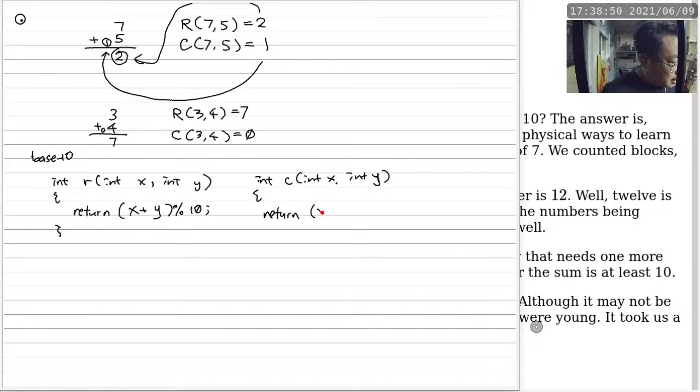So if x plus y is greater than or equal to 10, which is our base, then we return the value of 1. Otherwise, we return the value of 0. There we go. So now we have just defined the functions R and C for base 10.